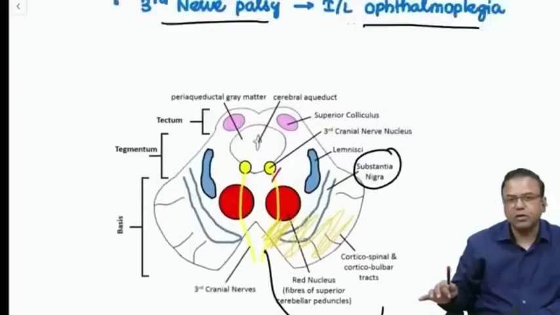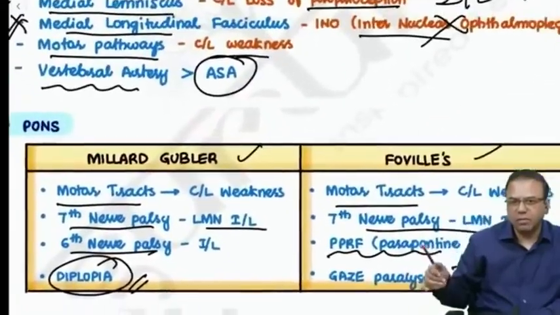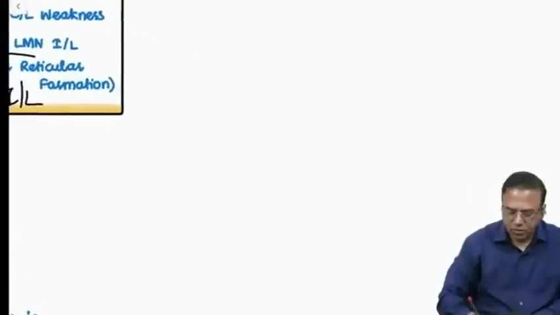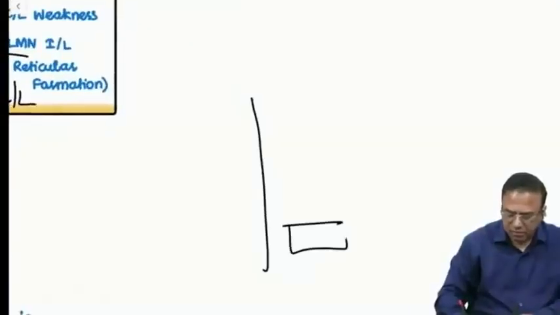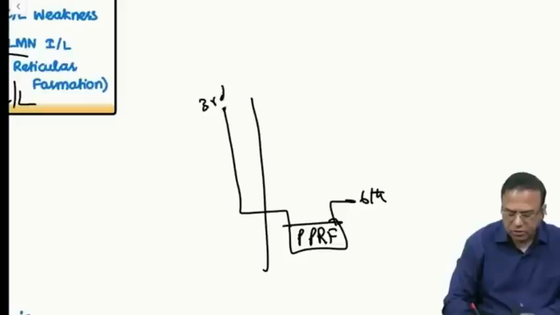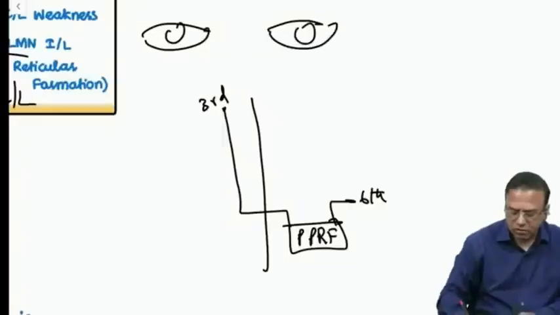Okay, what is Foville syndrome? Foville is basically PPRF. As you know, when you're looking at the PPRF, this is the horizontal control of both the eyes, not only one eye, both eyes. So one side 6th nerve, opposite side third nerve is controlled by the horizontal center. So if the PPRF is gone, remember each side you have a PPRF.